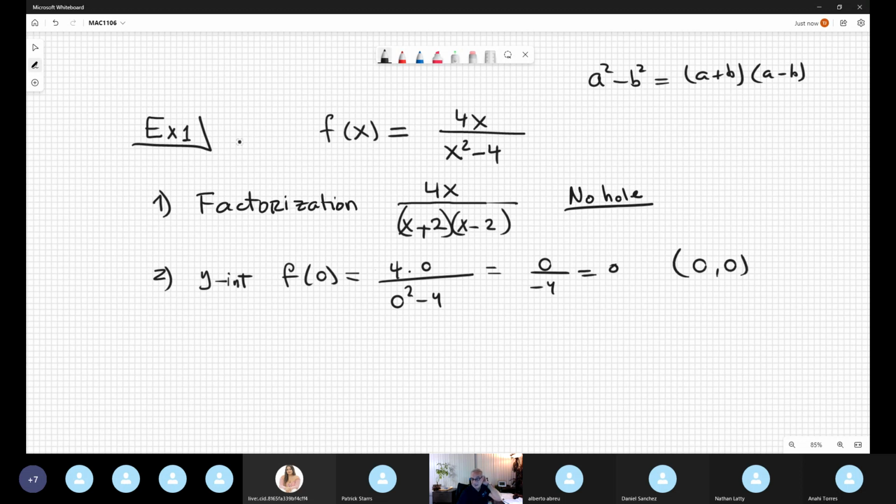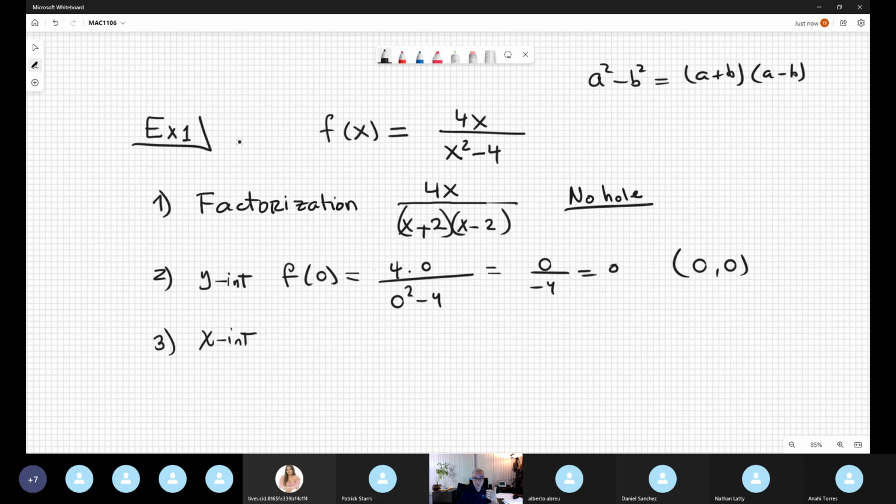In this case, it's a coincidence that the origin is both the x-intercept and the y-intercept. But just in case, I need to investigate whether we have more x-intercepts. In this example, no. But in another example, yes.